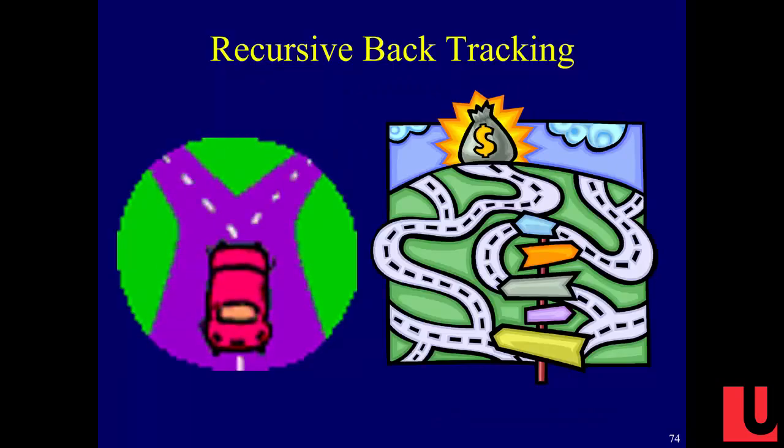Recursive backtracking is, there are a number of things in your solution that you need to try. When you try one of them, I like to think my little bird is giving me the answer to that question. That helps me formulate what I now know about the solution. The bird told me that this is true about the solution.